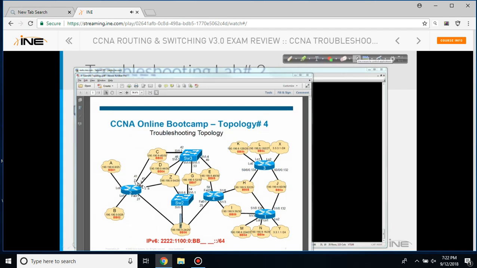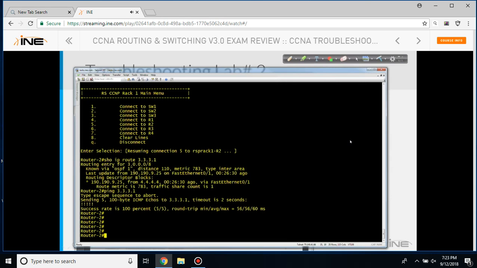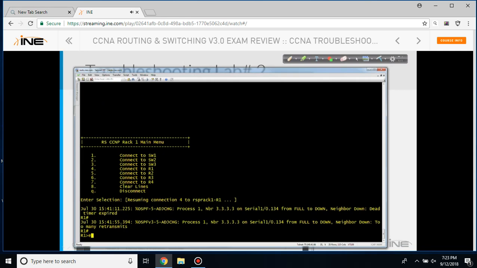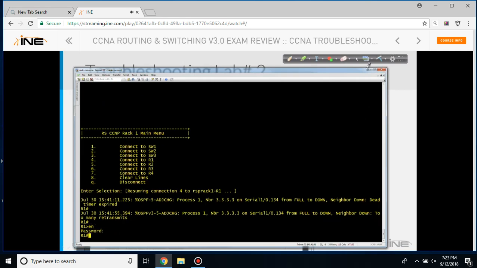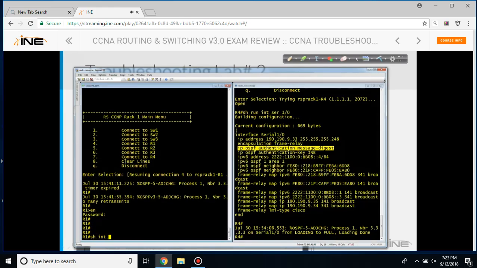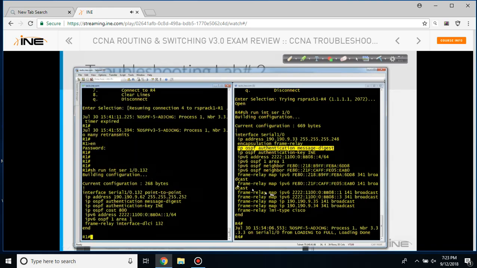So in this particular case, the problem between router 3 and router 4 was an incorrect authentication type. The type was mismatched. All right, so while we're here, let's now go into router 1. And let's compare them side by side. So router 1, show run, interface serial 1/0.132. That's the frame relay point-to-point connection. Show run, interface serial 0/0.132.